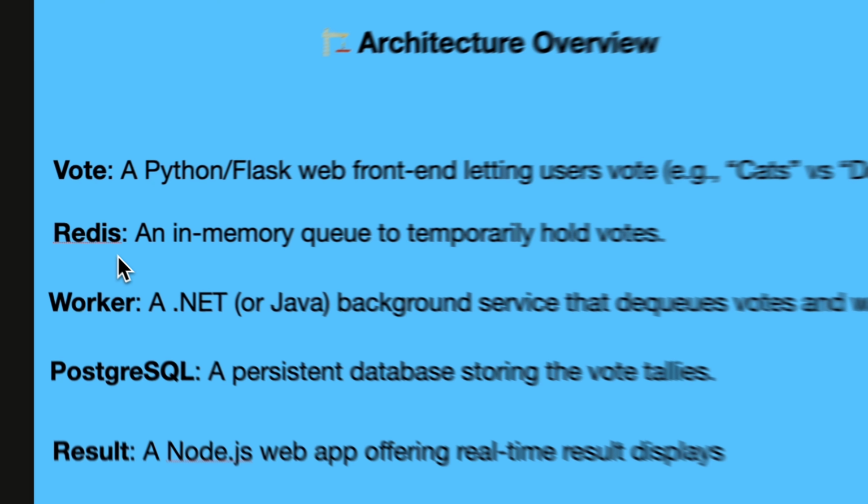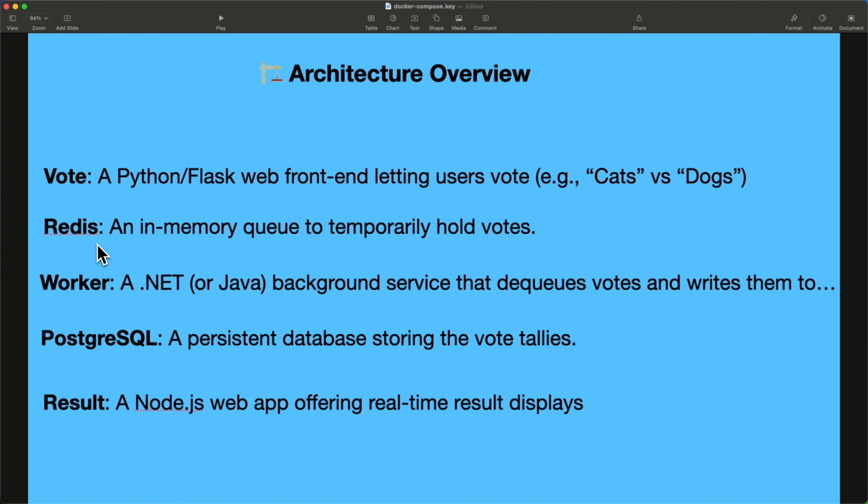Secondly, we have a Redis application. Redis is an in-memory queue, an in-memory database that stores data in memory. When users cast their vote, that vote will be stored on the Redis queue temporarily. The third component is the worker. This worker application is written in the .NET framework.